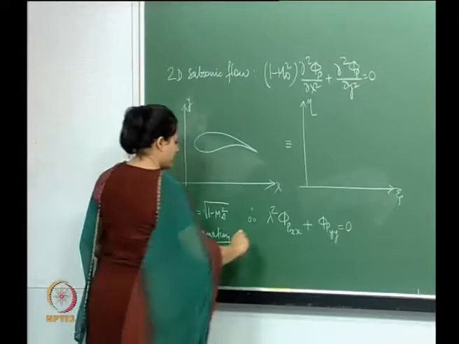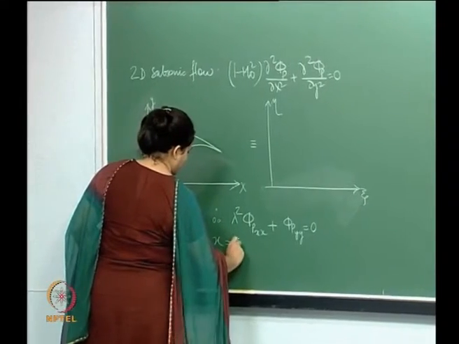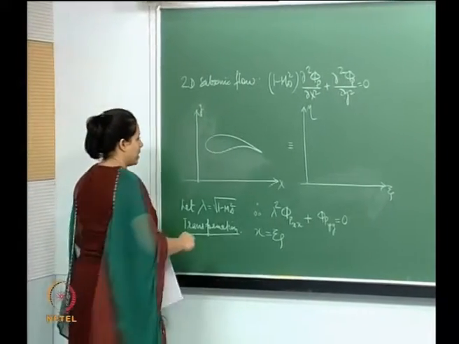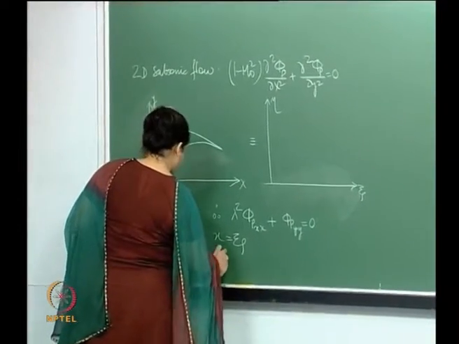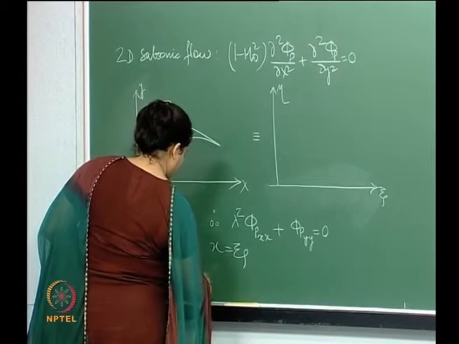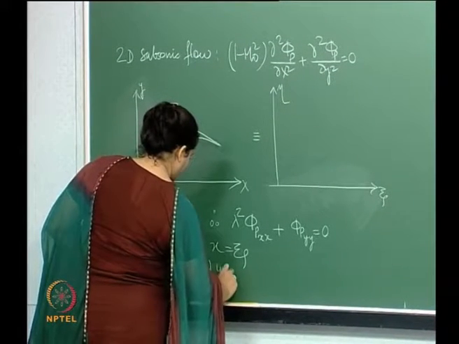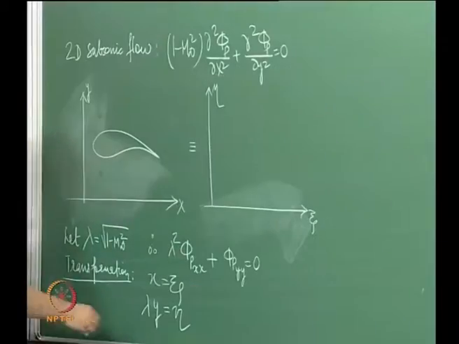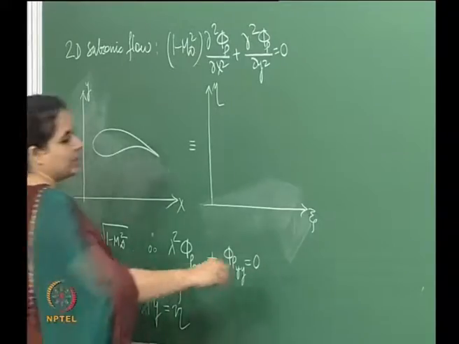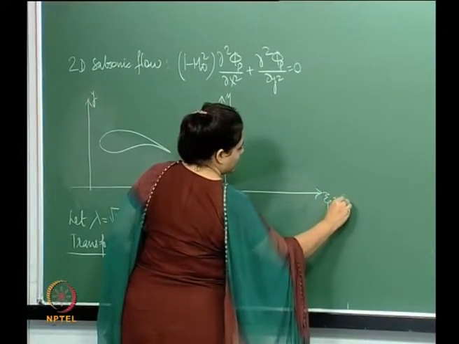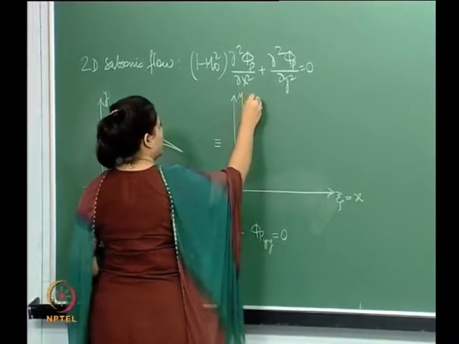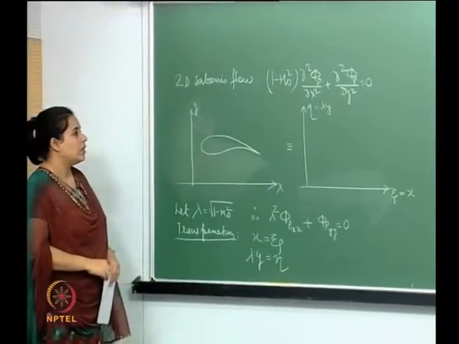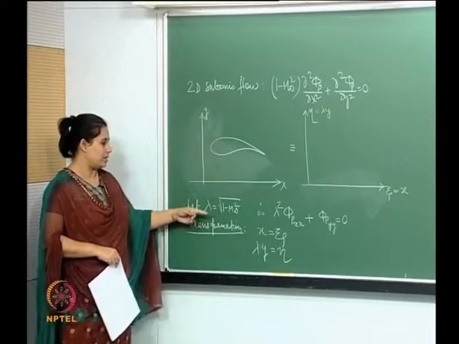Where we say that x is the same as z, but eta is equal to lambda into y, where lambda is this.